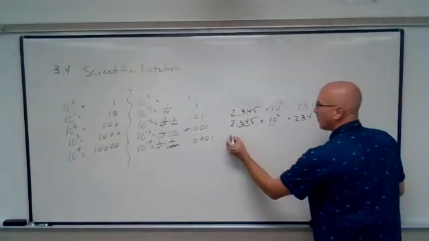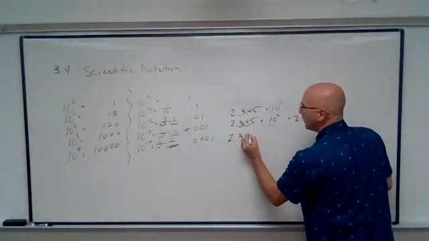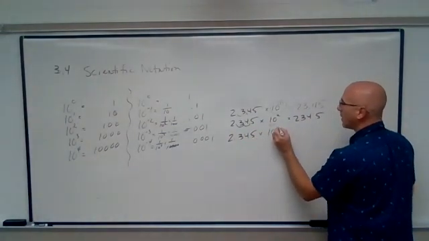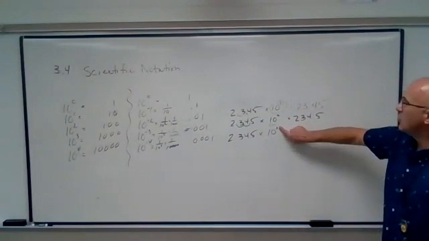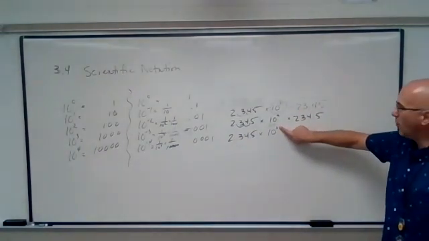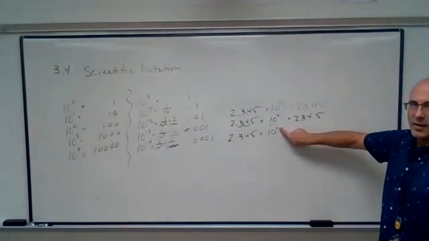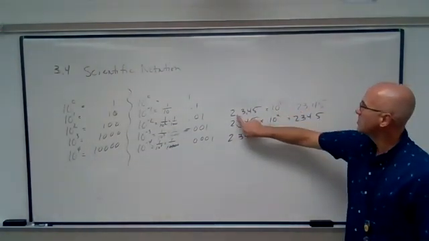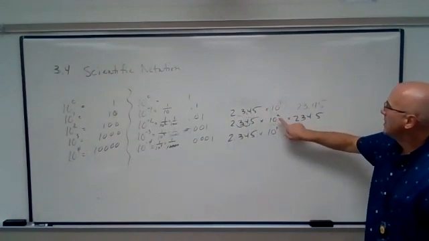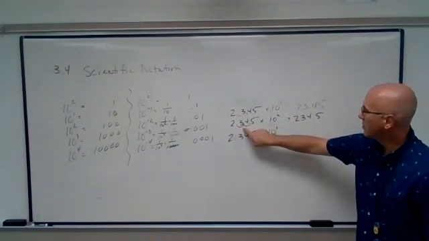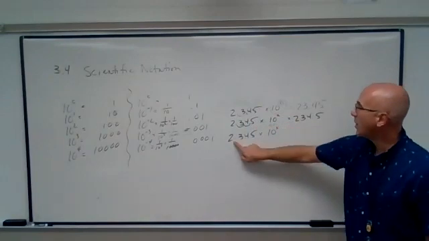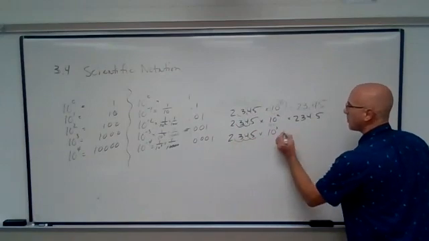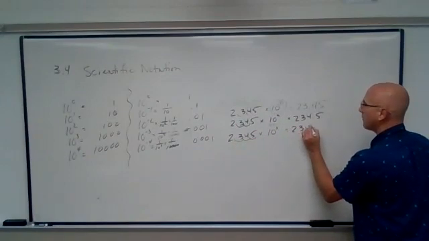So in other words, when we multiply a number by a power of 10, what we are essentially doing is moving the decimal place over by the number of our power. So in this case, 10 to the first, we moved it over 1 place. 10 to the second, we moved it over 2 places. 10 to the third, we are going to move it over 3 places. 1, 2, 3. So we get 2, 3, 4, 5.